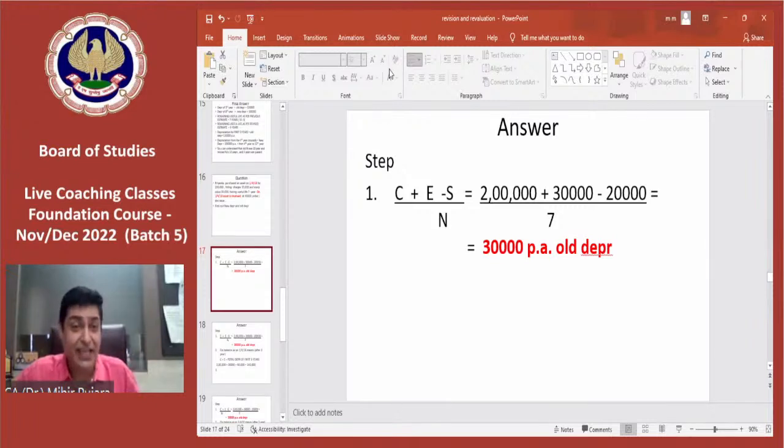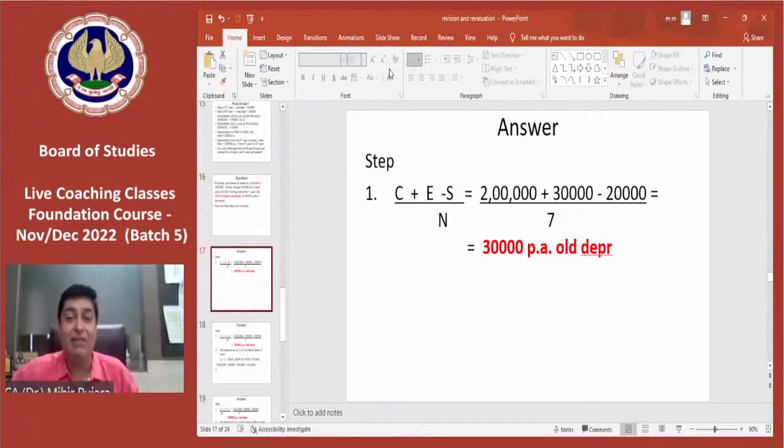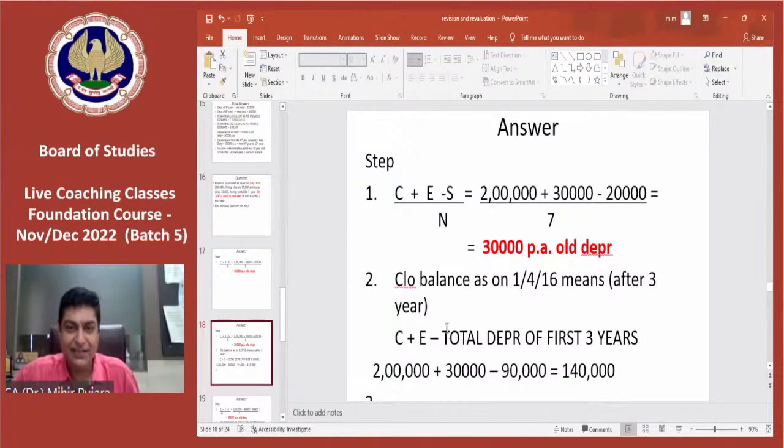Do not forget to do C plus E. Some people have not added E. I am saying C plus E for the sixth time. C plus E minus total depreciation of 3 years. It should be 140. Remaining students are correct. It should be 140 like this, guys.